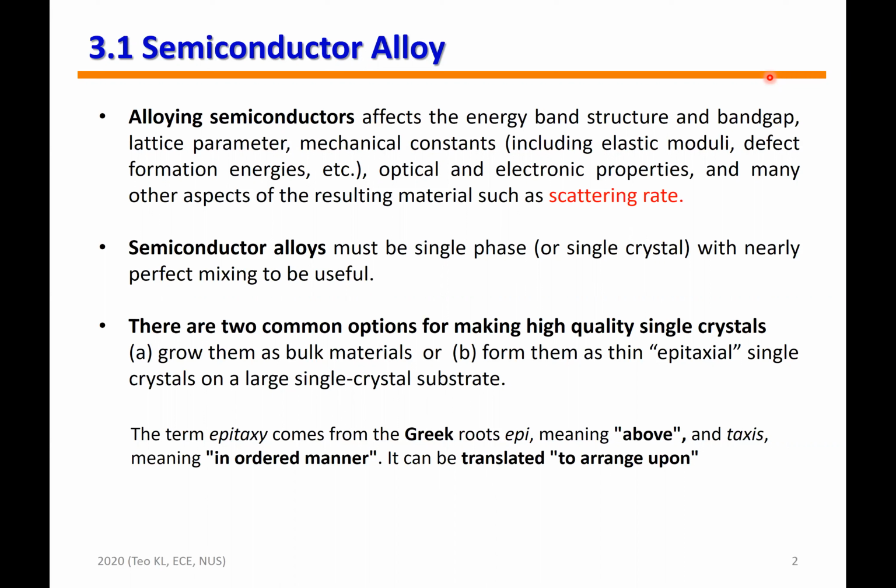The term epitaxial basically refers to aligning the lattice of one crystal in a specific way relative to another, such that a thin crystal is grown on a thick substrate with a well-defined lattice orientation.